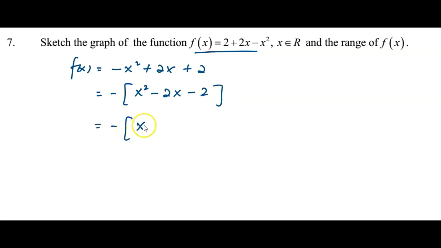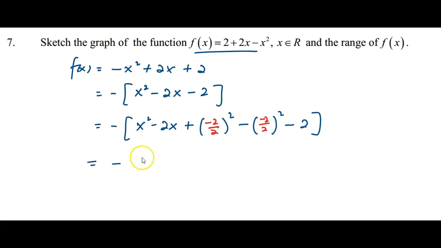And completing the square is copying down the first two terms. Add a bracket square minus a bracket square minus 2. Substitute your coefficient of the x into the bracket, and then divide it by 2.